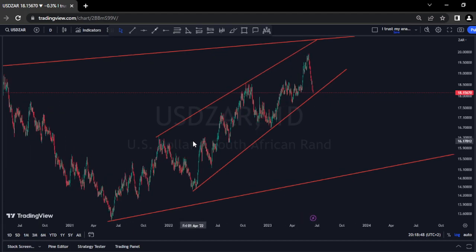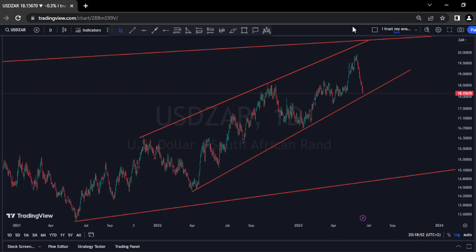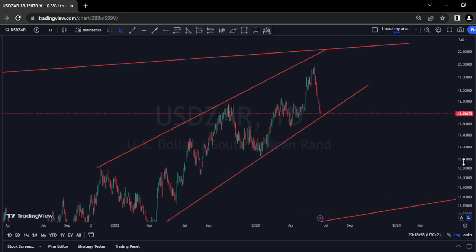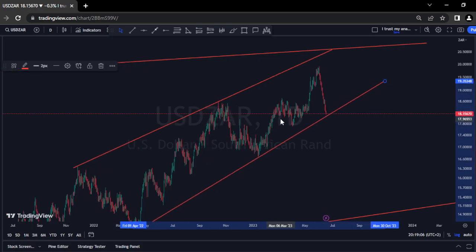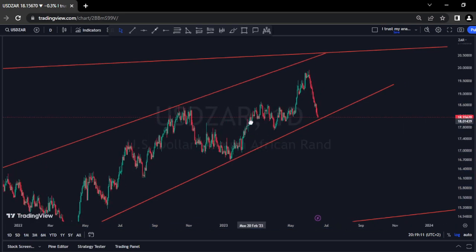All right, as you can see, ladies and gentlemen, the outer structure and the inner structure is gonna give us hopefully more confidence to sell when it's time to. But for now, ladies and gentlemen, let's look at what is happening.